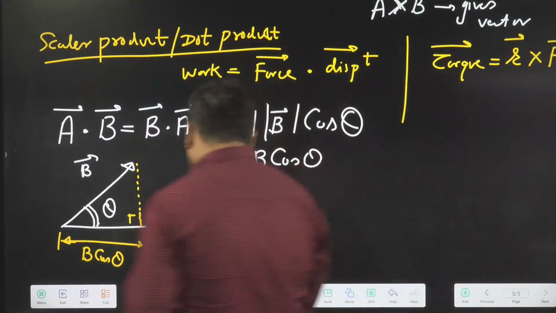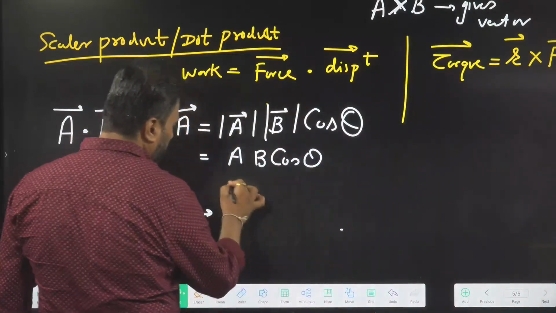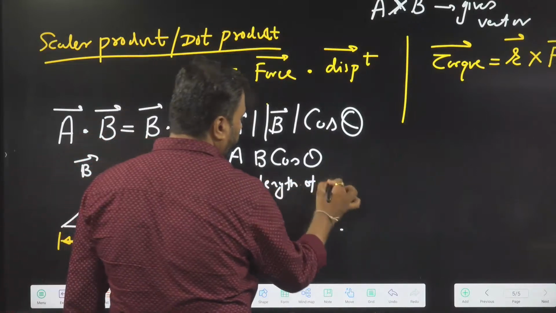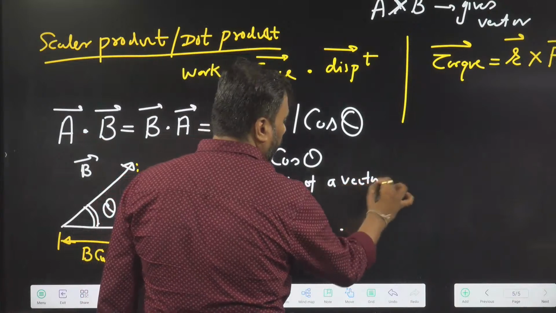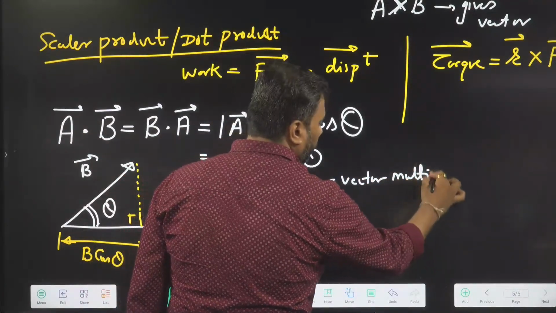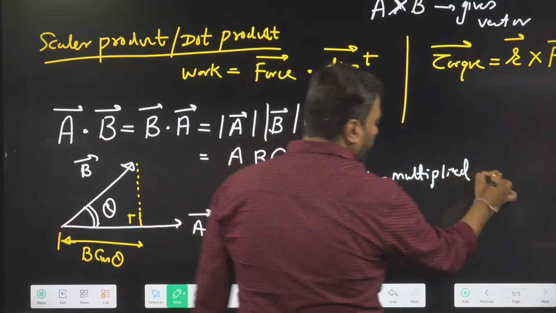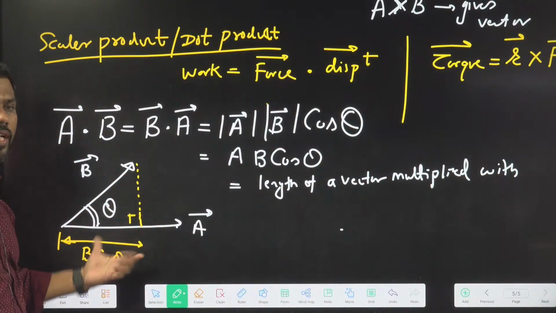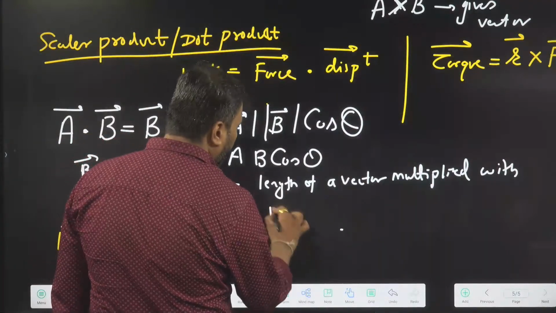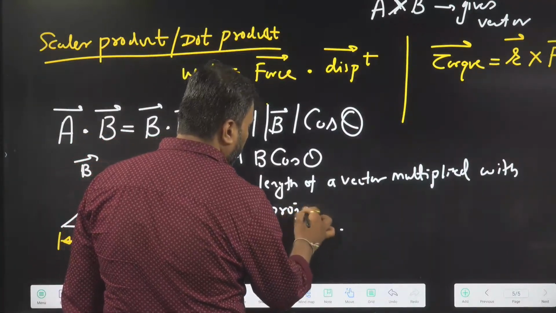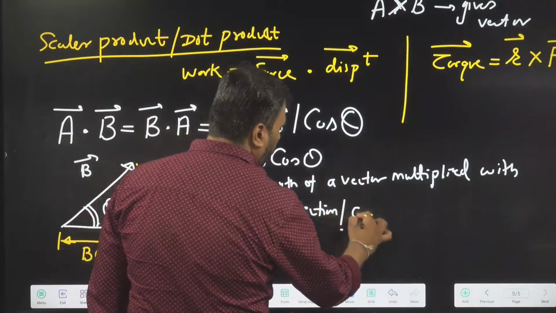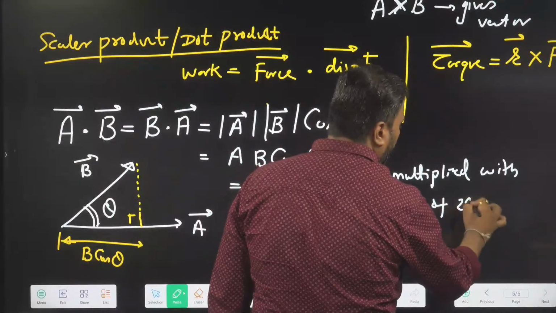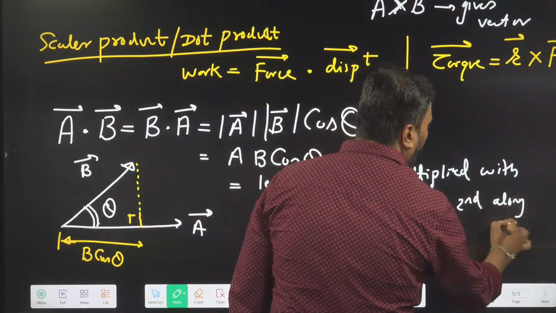It also means the length of A multiplied with the projection or component of B along the first.